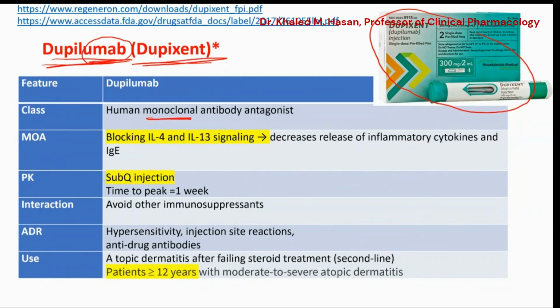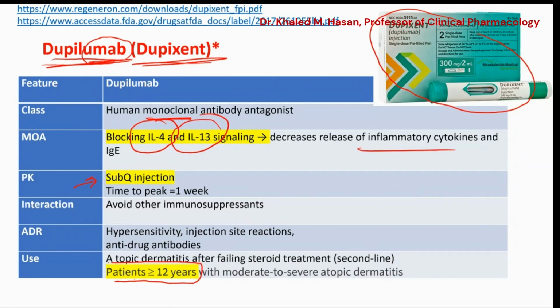So the question, which of the following monoclonal antibodies is used to treat atopic dermatitis? We have dupilumab. Okay, how does this medication work? Block interleukin 4 and 13, decrease inflammation. Subcutaneous injection. What else? Can we look at the highlight here?